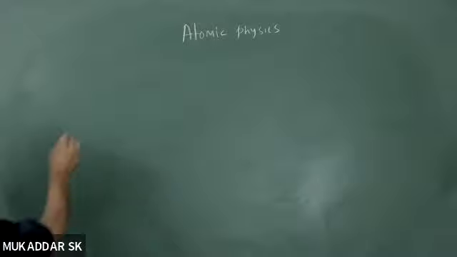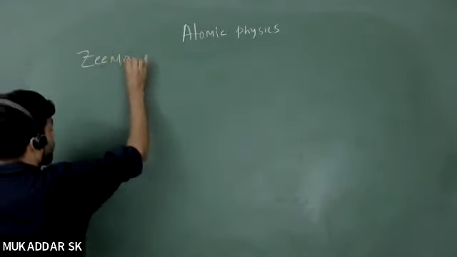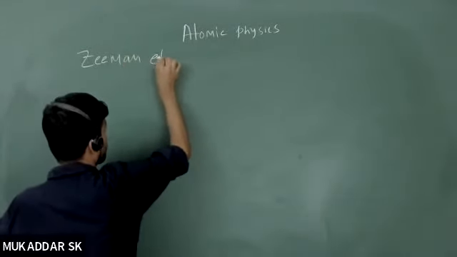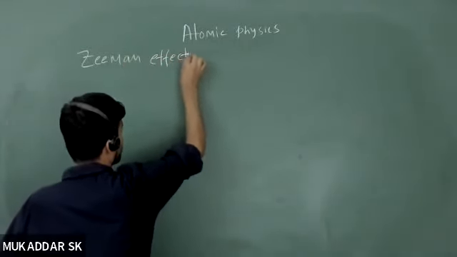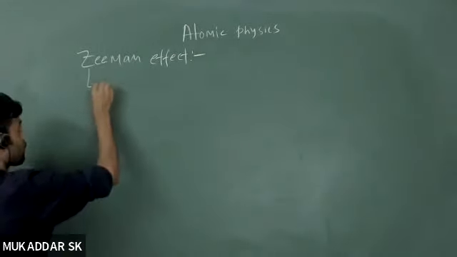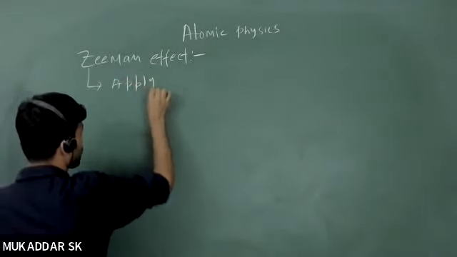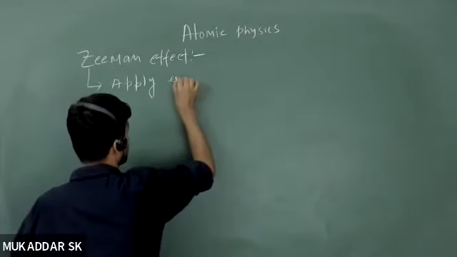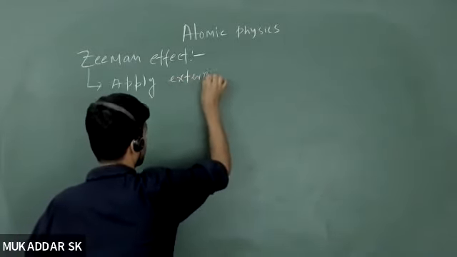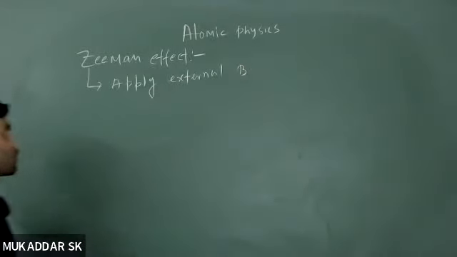In this Zeeman effect, okay, it basically happens when you apply an external magnetic field, right? External B. Okay, so you have first the Bohr model, then fine structure.